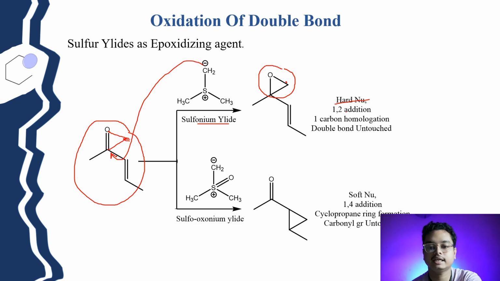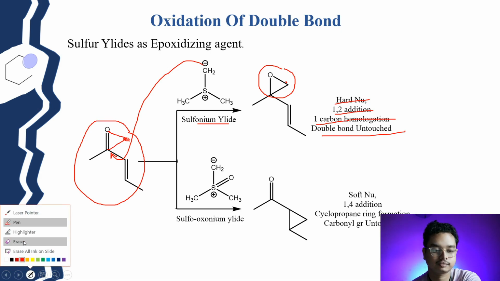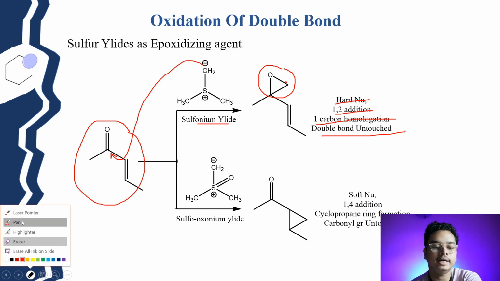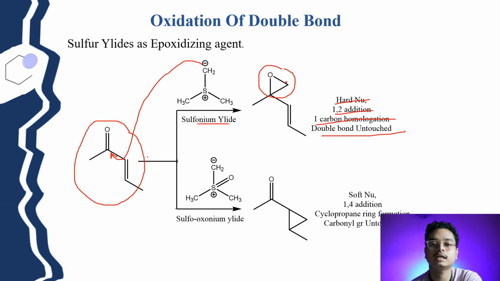It is written here: hard nucleophile, 1,2 addition, one carbon homologation takes place, and the double bond is left untouched. In the case of treating the same alpha beta unsaturated carbonyl compound with sulfoxonium ylide, which is a stable, soft nucleophile, it will show a cyclopropanation reaction. This reaction is called the Corey-Chaykovsky reaction, and here the carbonyl group is left untouched.